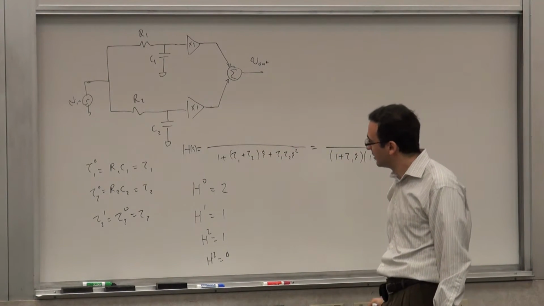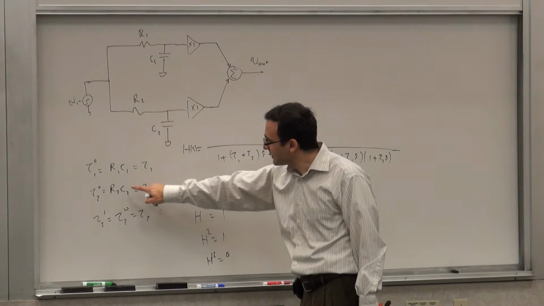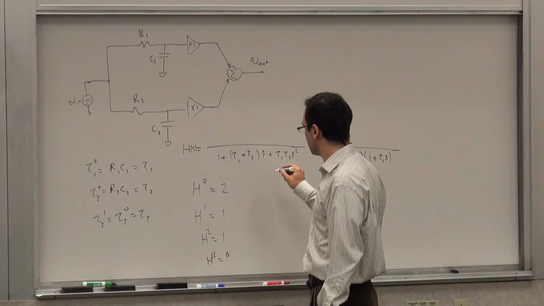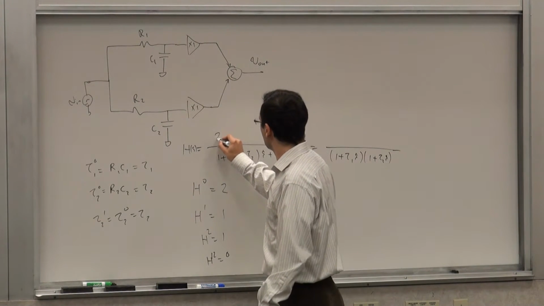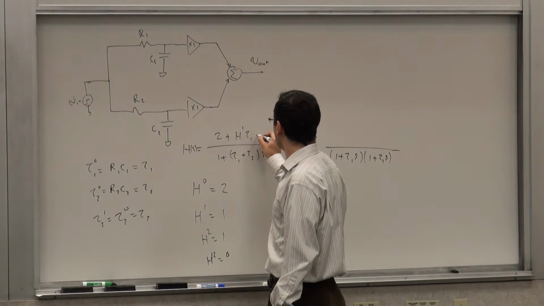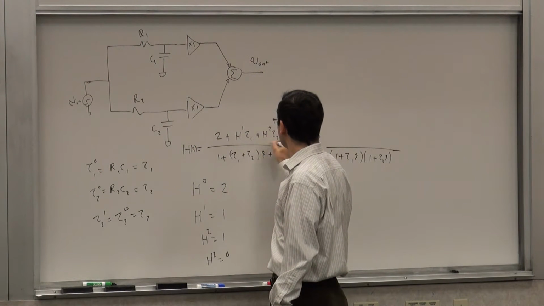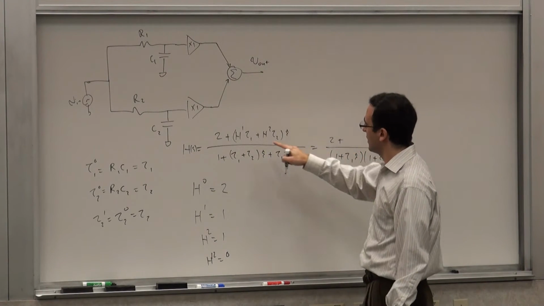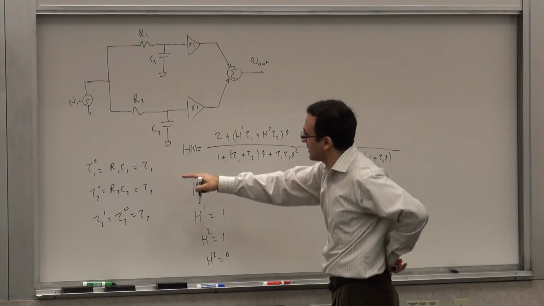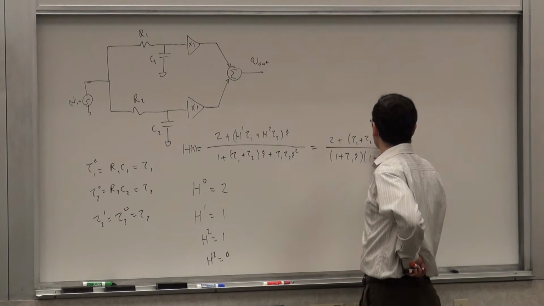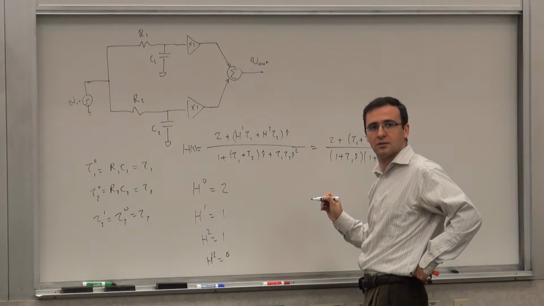So what am I getting? I'm getting h1 tau 1 0, h2 tau 2 0. So I have 2 plus h1 tau 1 0 tau 1 plus h2 tau 2 times s, which is 2 plus, these are 1, tau 1 plus tau 2 s, correct?